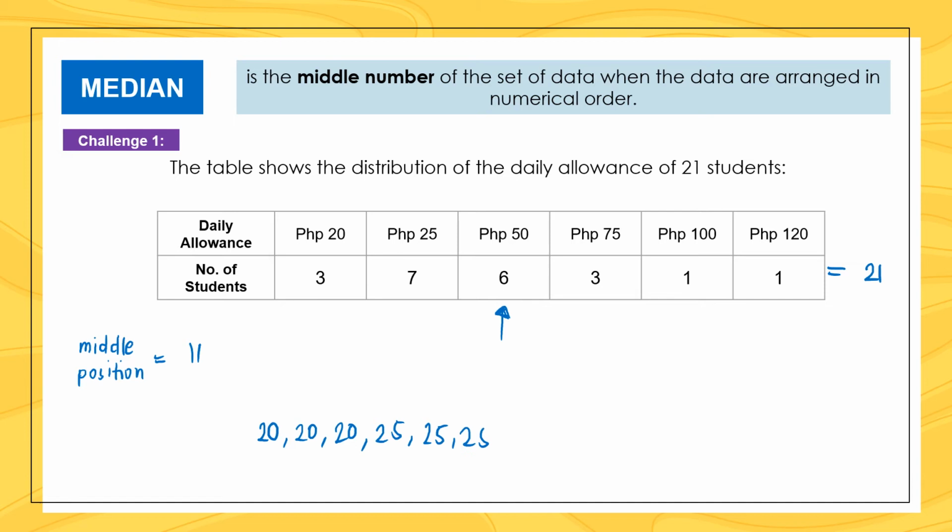So these are the raw data. And then 6 students having 50 as their baon or their allowance: 50, 50, 50, 50. And so on and so forth.